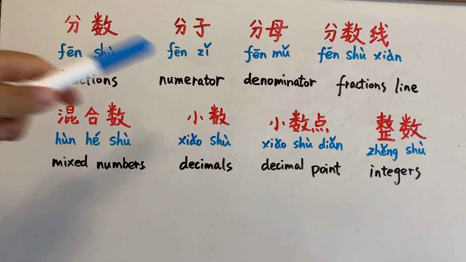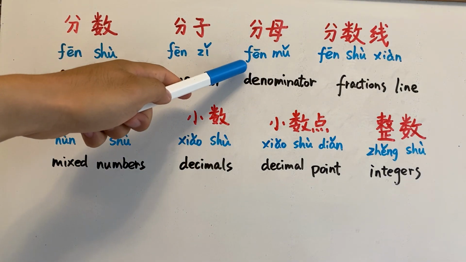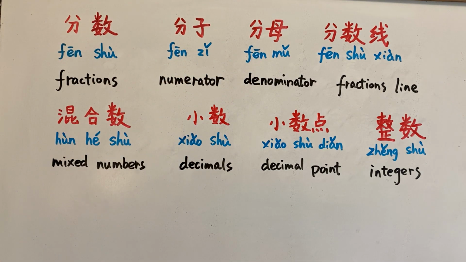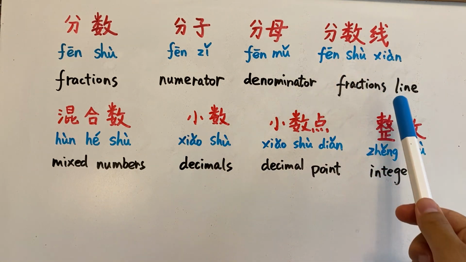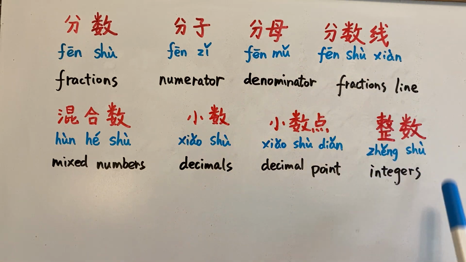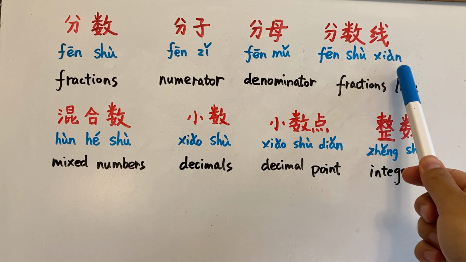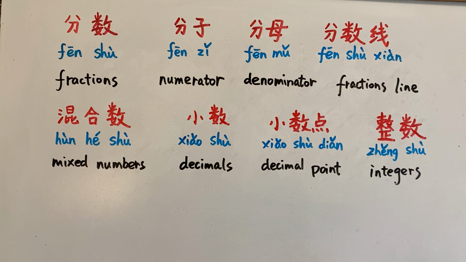And of course, the line between numerators and denominators is the fraction line. In Chinese, we call it 分数线. This 线 in Chinese is the line.